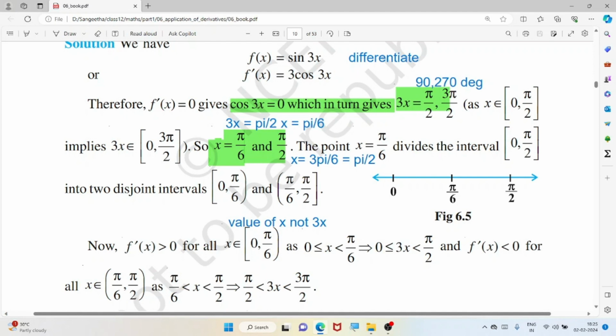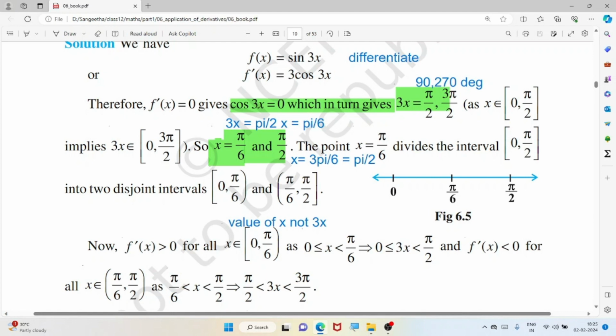Then for 3x equal to 3 pi by 2, x will be pi by 2. So when 3x equals pi by 2, x is pi by 6, and when 3x equals 3 pi by 2, x is 3 pi by 6, that is pi by 2.